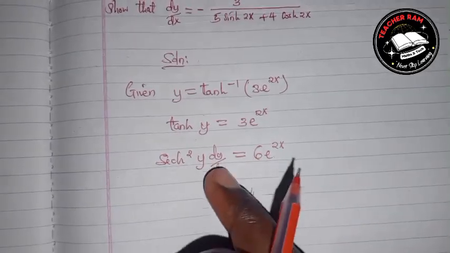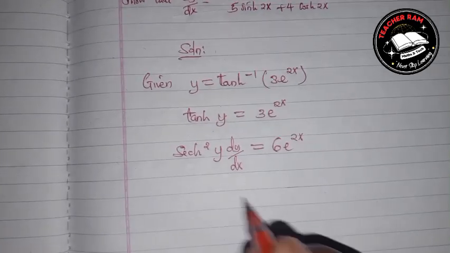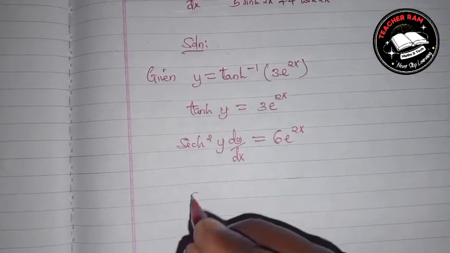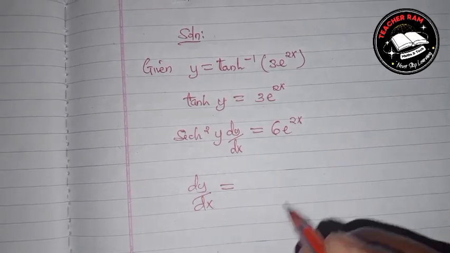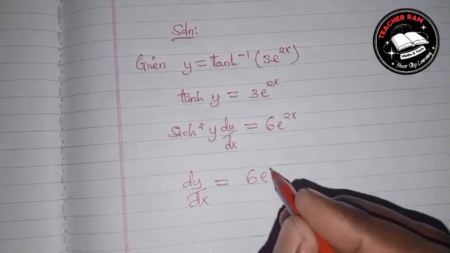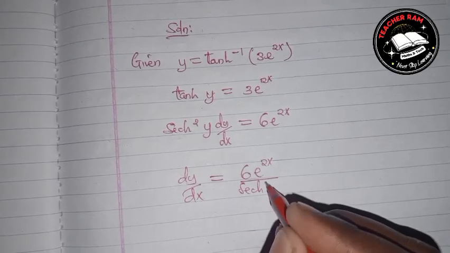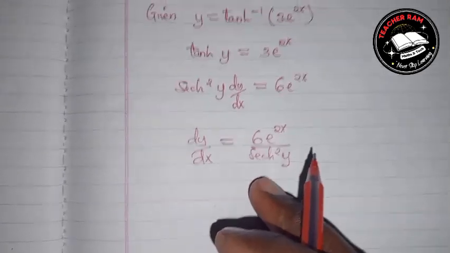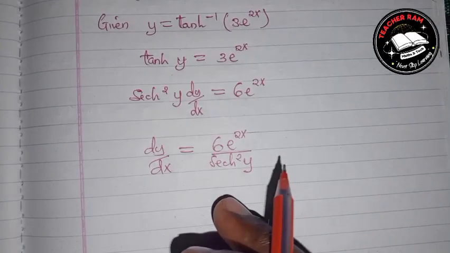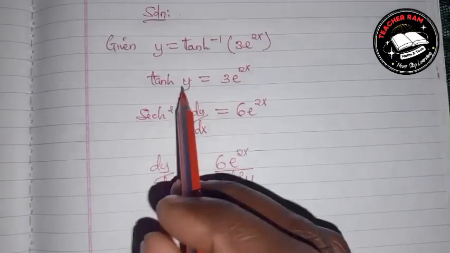After that, let us make dy dx the subject. So dy dx, or the derivative of y with respect to x, is equal to 6e power 2x divided by sec square y. After that, we have to find a hyperbolic identity which will replace this and which is related to tanh y.